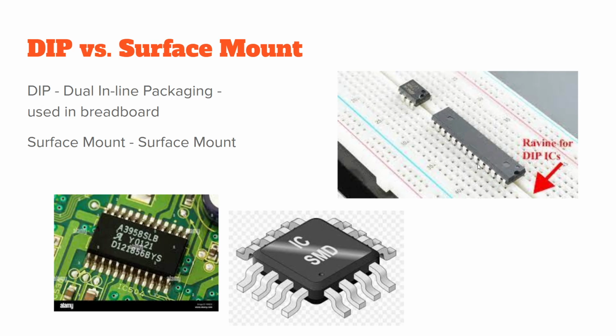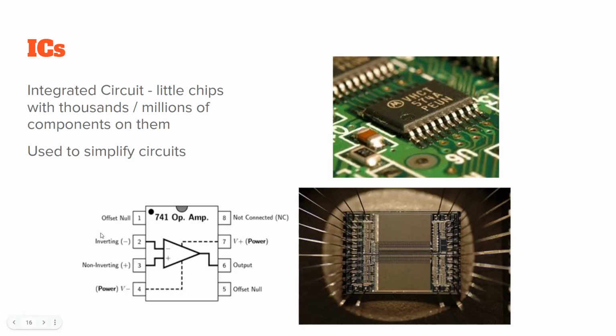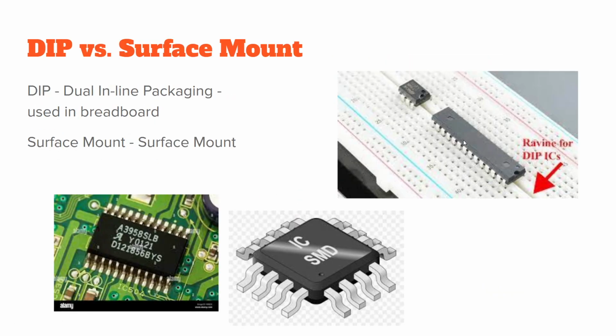This one here is an example, and the good thing about these is that they're very easy to use. You can just stick them in a breadboard, power it up, and then you can use it right there.